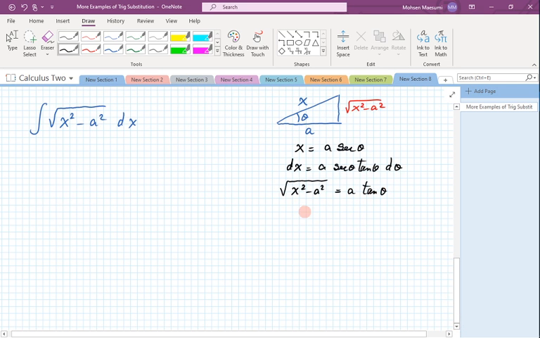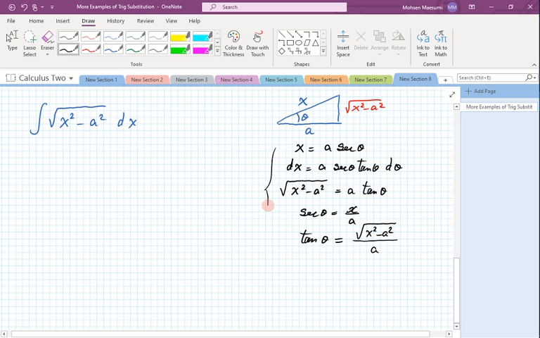In reverse, secant of theta is going to be the ratio of hypotenuse to adjacent, and then we of course need the tangent of theta in our back substitutions. Tangent of theta is opposite to adjacent, so let's record that for future use.